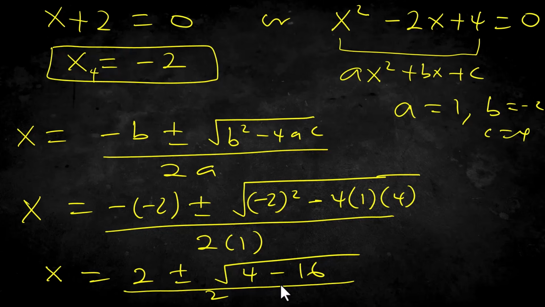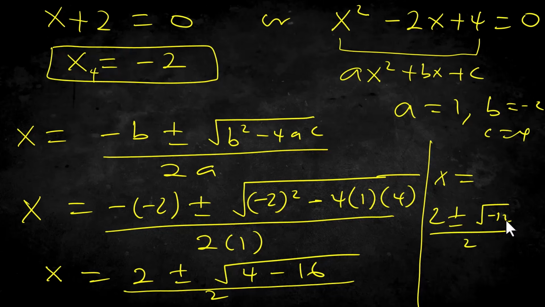So x equals 2 plus or minus the square root of minus 12, over 2. Remember, we've already solved the square root of minus 12 earlier, so that will be 2 plus or minus 2 root 3 i, over 2.